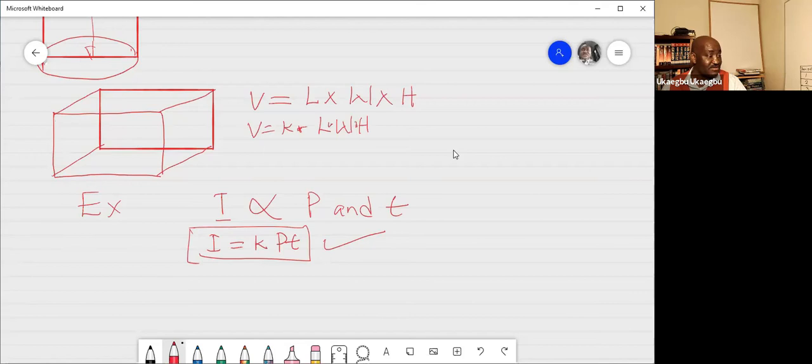So after 3 months, it means time is 3 months. How many is 3 months in terms of year? 3/12, which is 1/4. That's time. The principal P is 5,000.